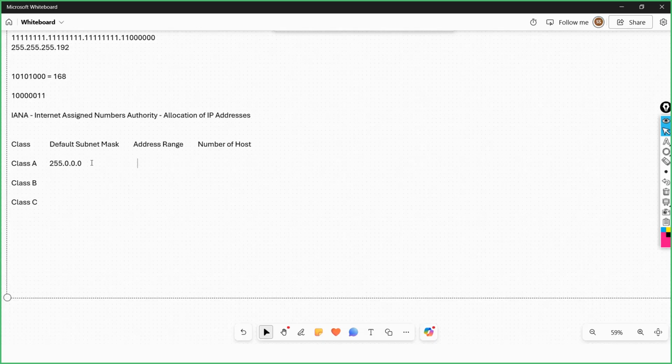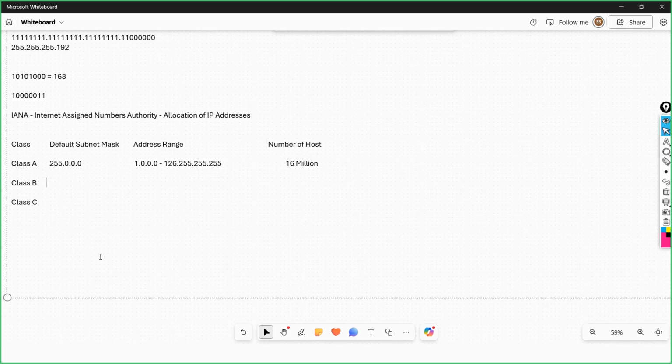And then we have the address range, which is starting from 1.0.0.0 to 126.255.255.255, correct? And in this class A, the number of hosts is 16 million. 2 raised to 24 is 16 million.